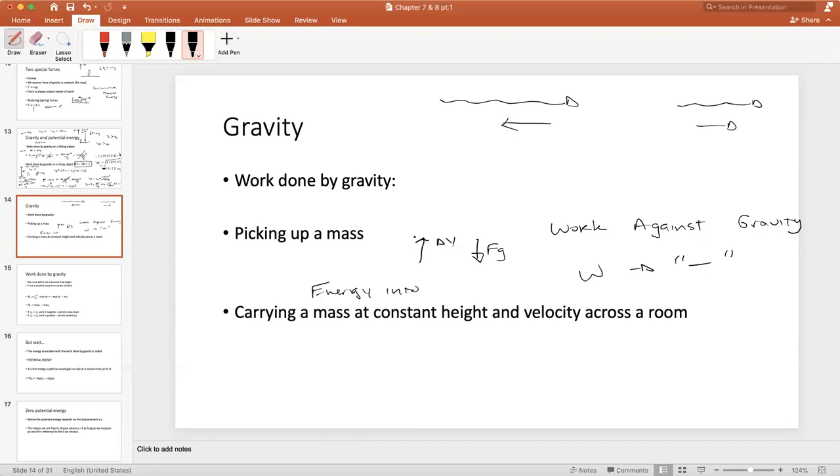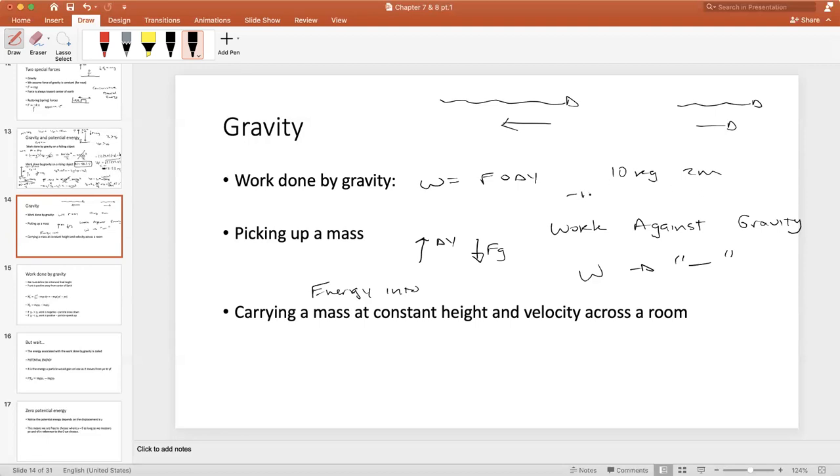When you pick up an object, you actually have to work against gravity. You have to do work in order to move an object against gravity. That work is equal to F dot delta y. Let's say I pick up a 10 kilogram mass, 2 meters. I move it 2 meters up.